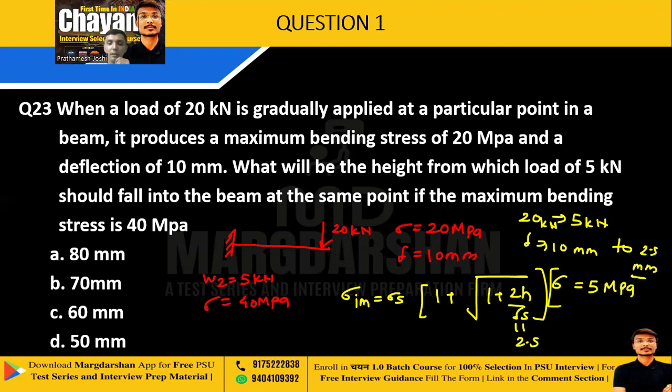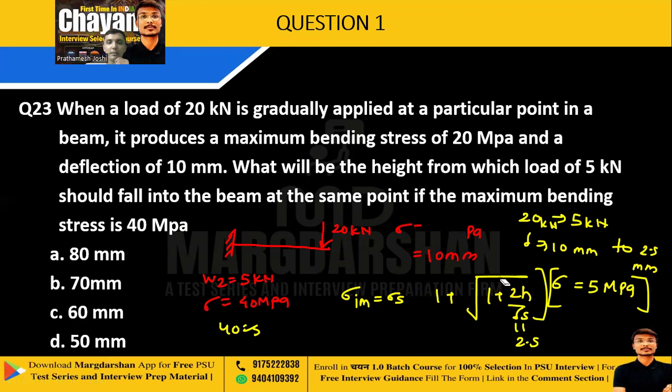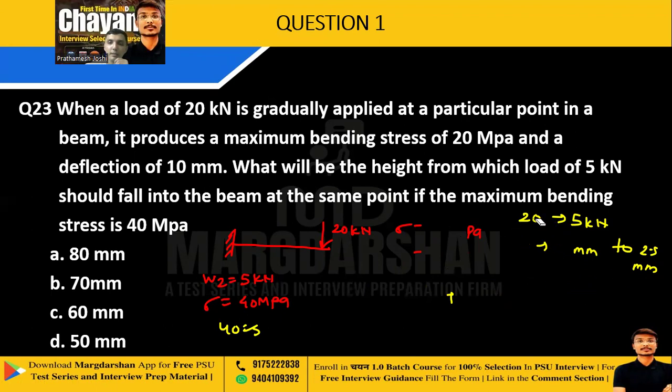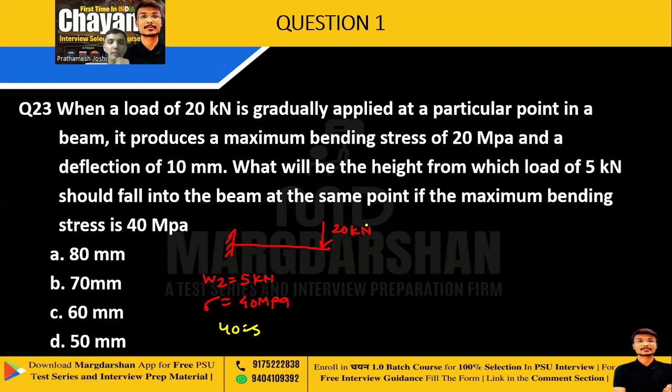Always remember the load is W1. Here the load is W2, which should equal sigma 1 upon sigma 2 is equal to delta 1 upon delta 2.